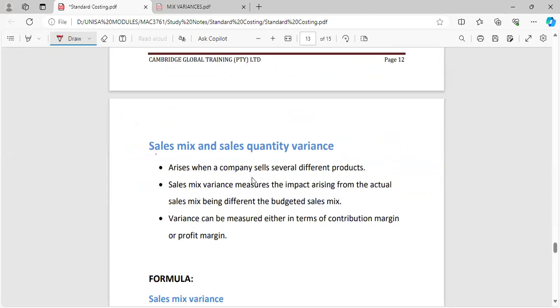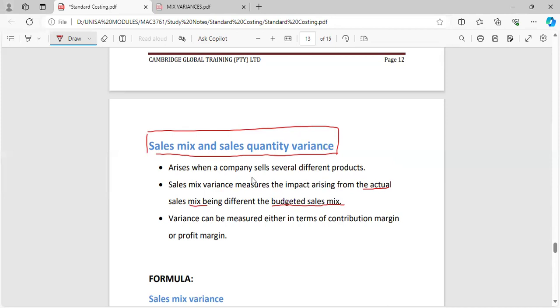Remember, we also have the sales mix and sales quantity variance. It's still the same, like what we have done there. A sales mix. So if it is a sales mix, we are looking at the actual sales mix being different from the budgeted sales mix. So it's the same like what we have done on the first one.